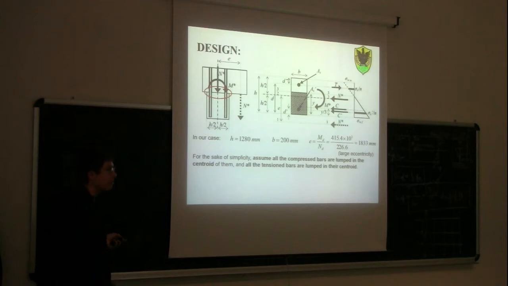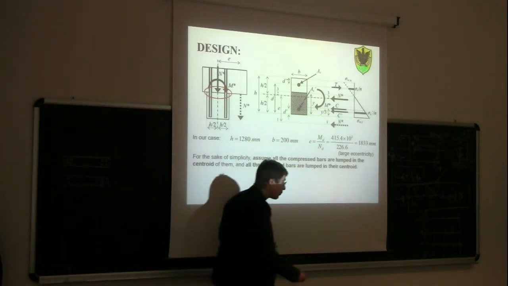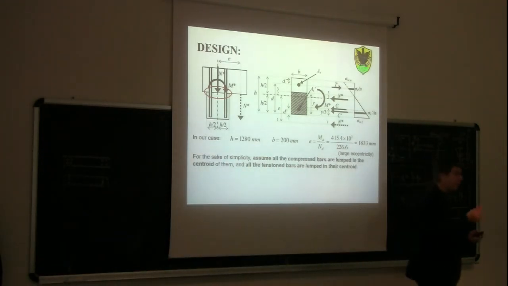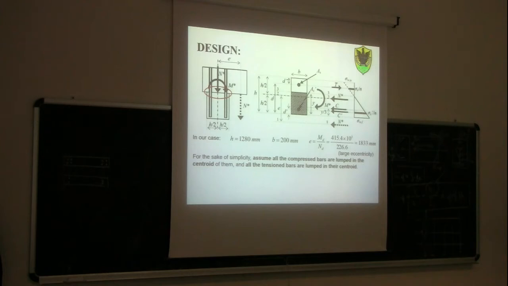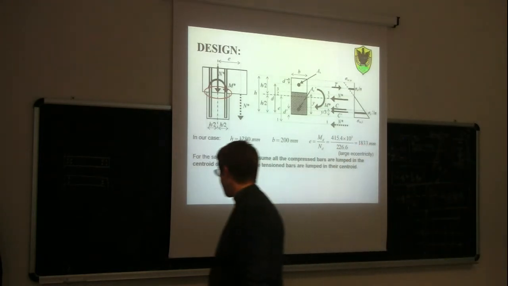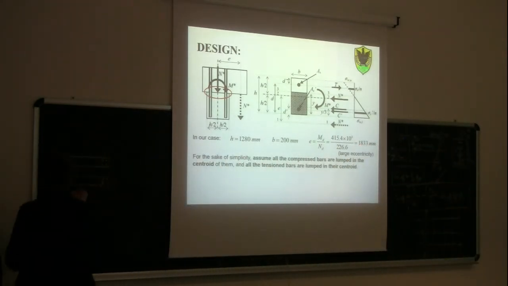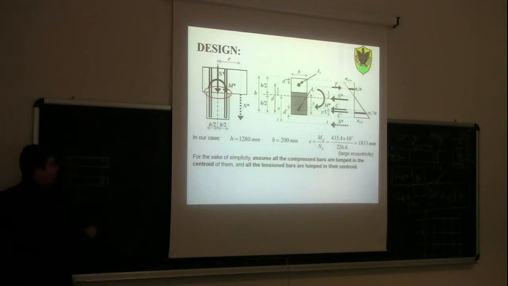So how do we solve the problem? Either we rewrite all the equations, which will become a bit more complex, because we need to take into account that we have 2 lines of bars, so we have a different contribution, or we can make a simplification. We can just assume that those 4 rebars are concentrated, as if there were only 1 bar, in their centroid.